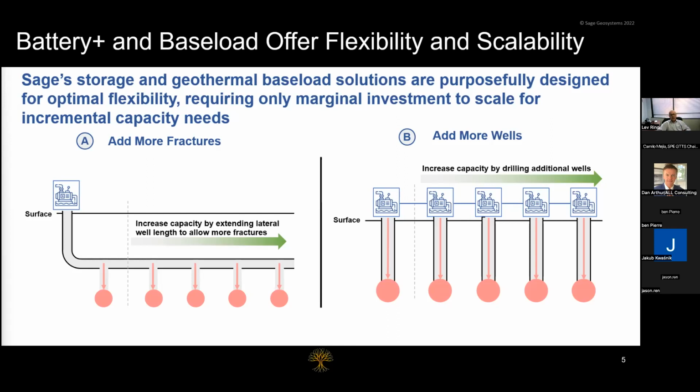And you can do pad drilling, so the footprint is going to be very little. It's like 10 feet at the surface between wellheads, in 2 rows, so it's going to be very compact.